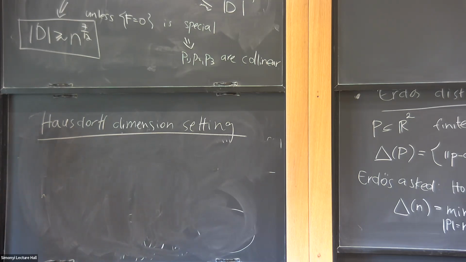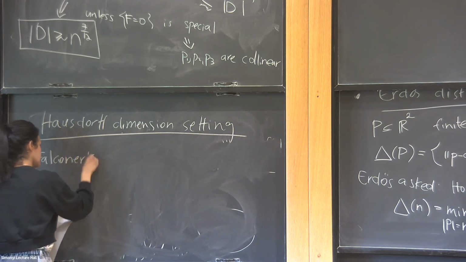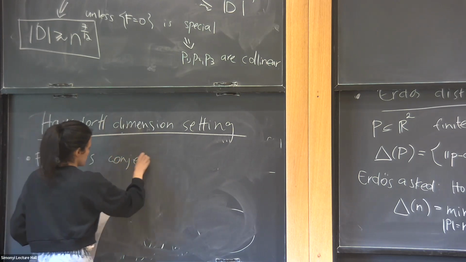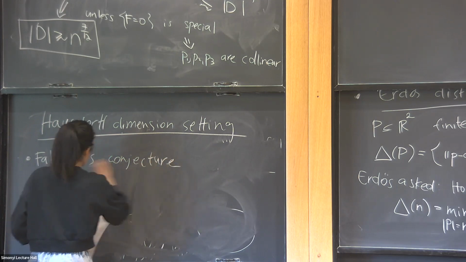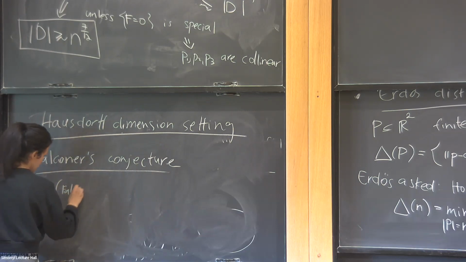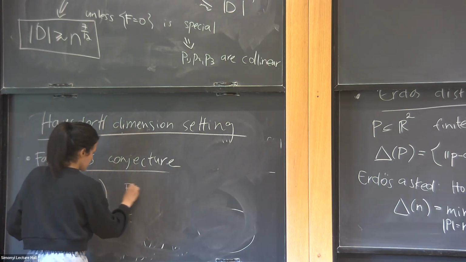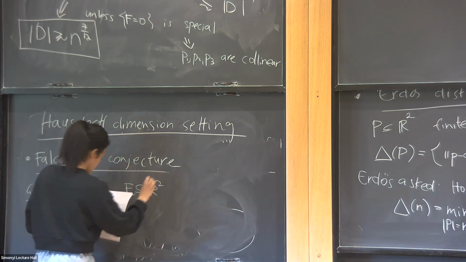So first, I just formulate some questions and tell you results. So it's going to be again such a list. The first one is Falconer's conjecture. We have a set in the plane.